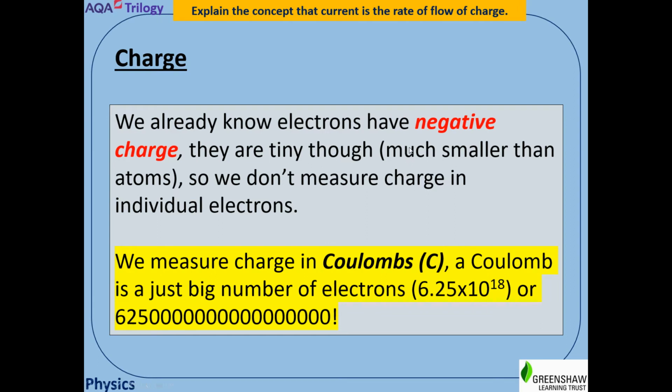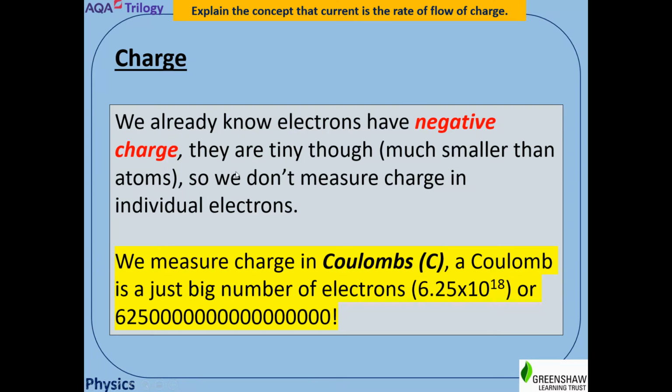Okay, so we are now on to explaining the concept that current is the rate of the flow of charge. Now, before we can explain that concept, we need to remind ourselves what charge is. Now, from the chemistry lessons we've done, we are well aware that electrons have a negative charge. However, they are tiny.